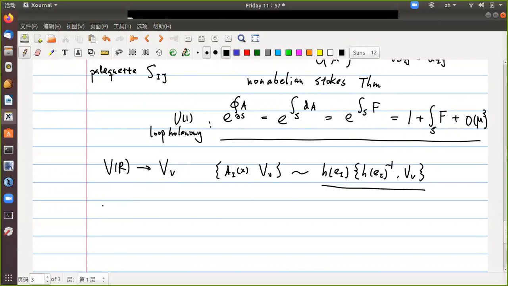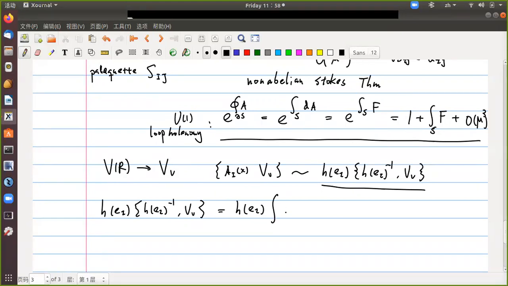Let's see what it is. The Poisson bracket of the holonomy h_{e_i}^{-1} with the volume. The holonomy only depends on the connection, so we can again use the chain rule of the Poisson bracket.